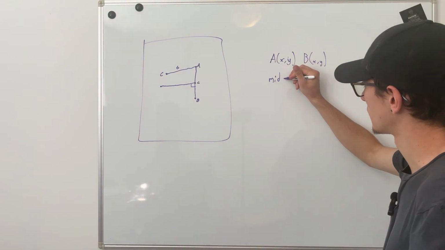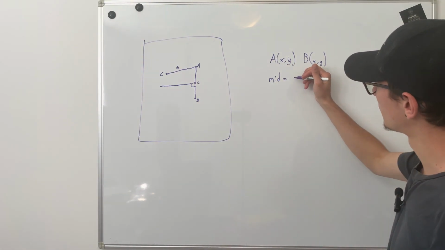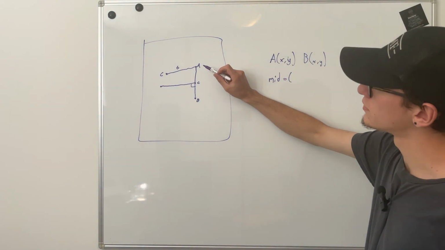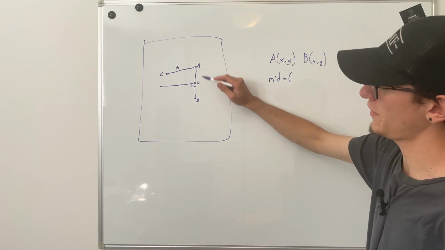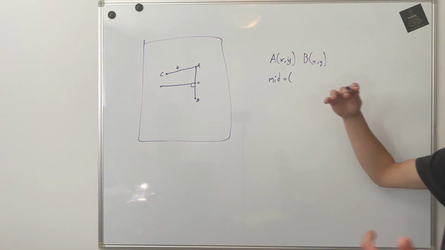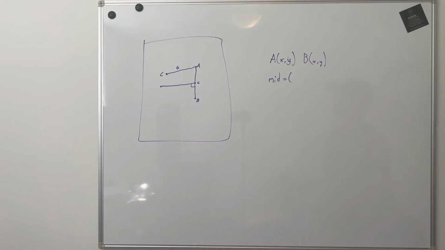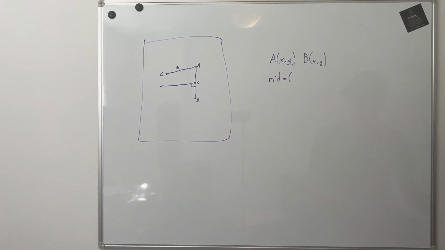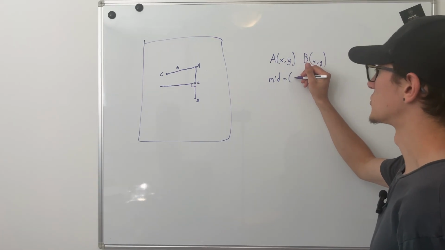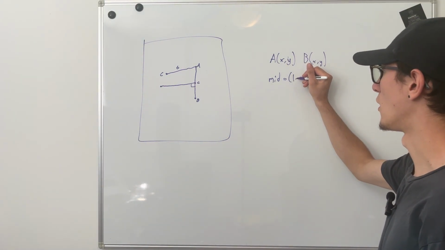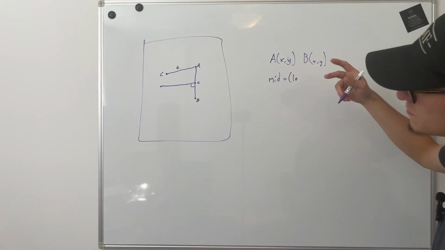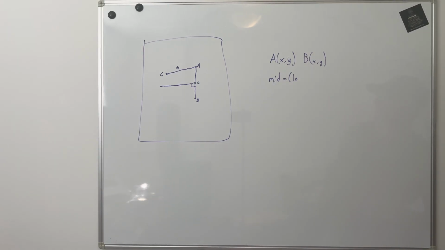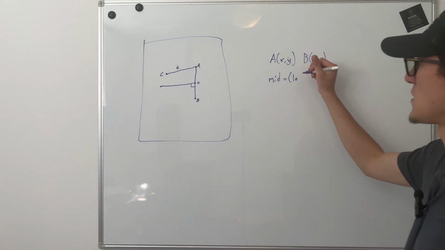The midpoint x value is going to be the lerp between the x of A and the x of B at 50%. We want the middle point of x, and then we'll do the same for y. We can use lerp, or in this case it would just be the average, the mean. In any case, let's use lerp.